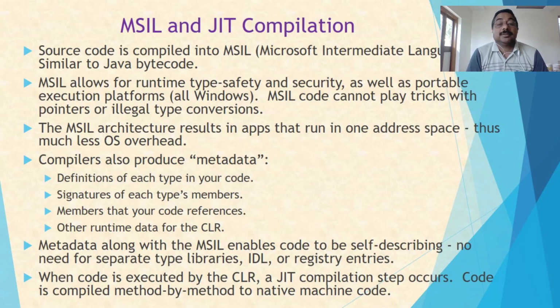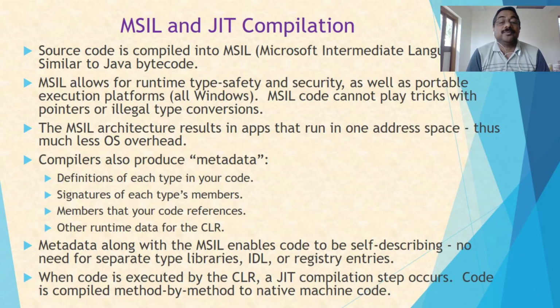Next, we have already seen MSIL and JIT, that is just-in-time compilation. We know that source code from C# is compiled into MSIL, that is Microsoft Intermediate Language. This is similar to Java bytecode. The MSIL allows for runtime type safety and security, as well as portable execution platforms.